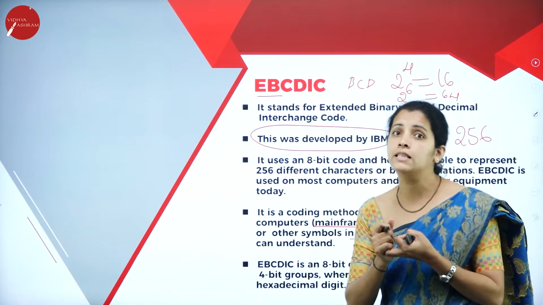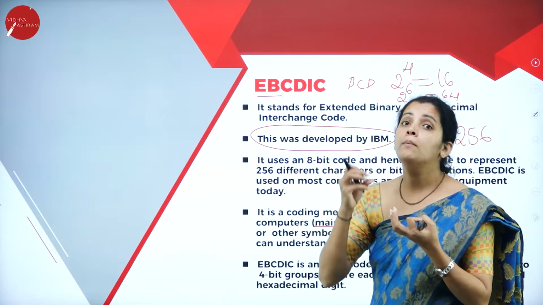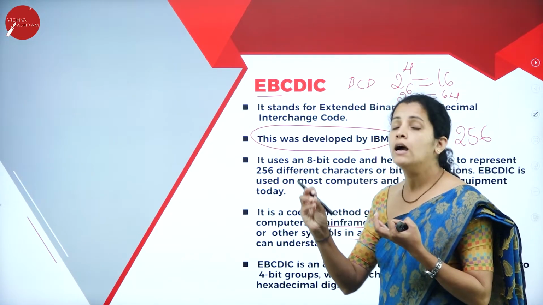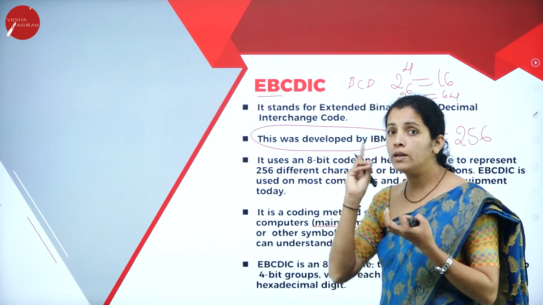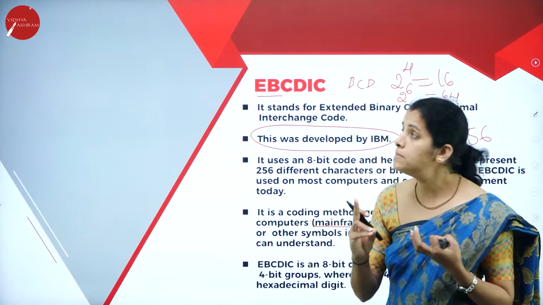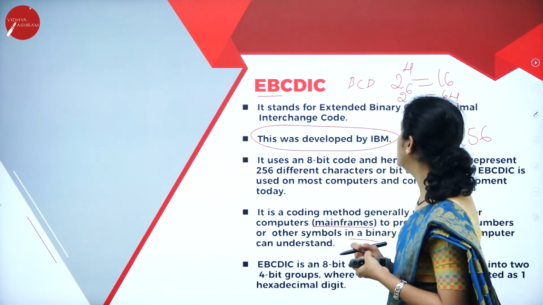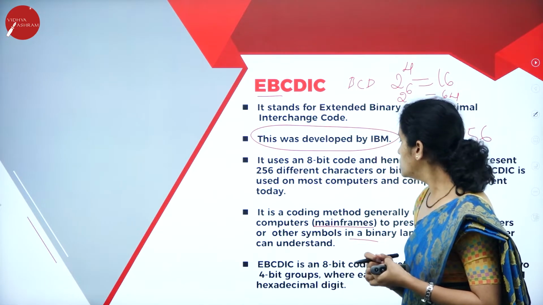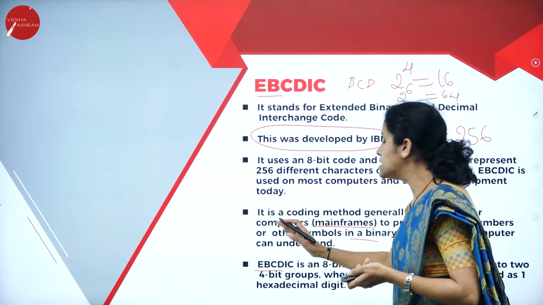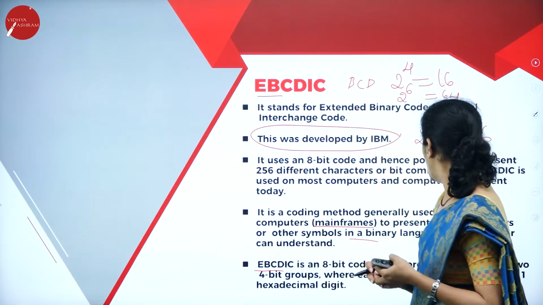So here machine language is nothing but zeros and ones. It is also called binary language or binary code. Here computer understands only binary code to represent characters, numbers and symbols. We are going to use extended binary coded decimal interchange code. So here the extended binary coded decimal interchange code is an 8-bit code.